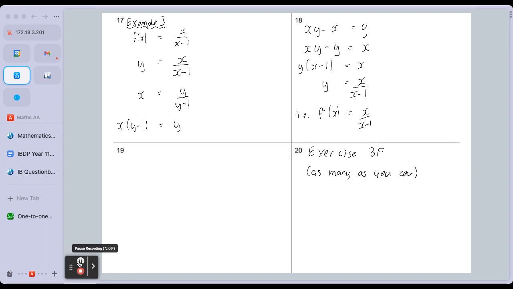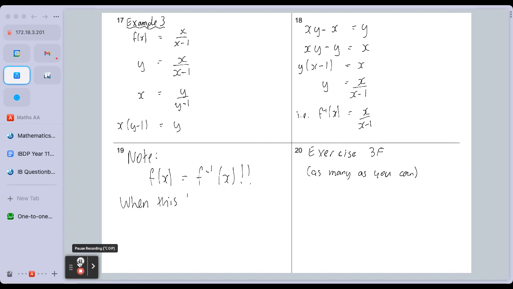Okay, so this is just a bit of language you need to know.